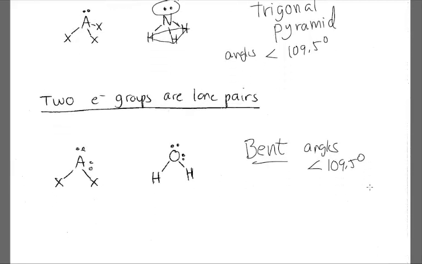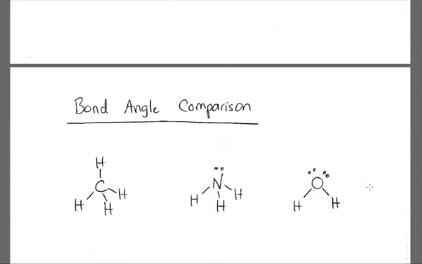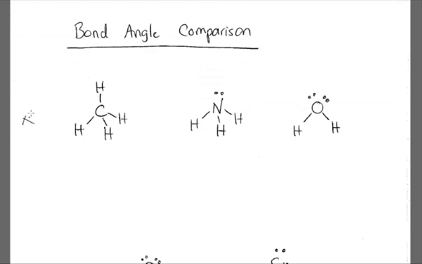Alright, so since we've been talking about angles, let's compare a few. These are the three we just did, and these were all for tetrahedral electron groups. Alright, so methane is ideal. All the electron groups are the same, all bonds to hydrogen. So those are 109.5 degrees, and they are the ideal bond angle. When you have one lone pair, that repels more.